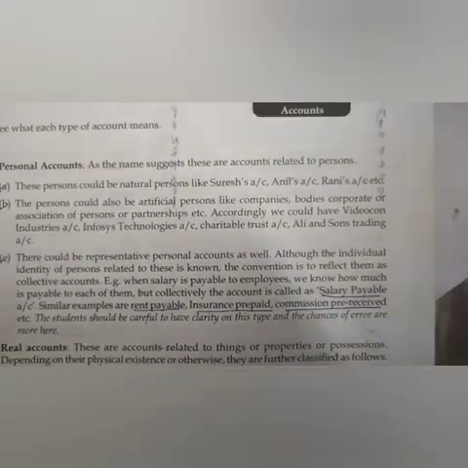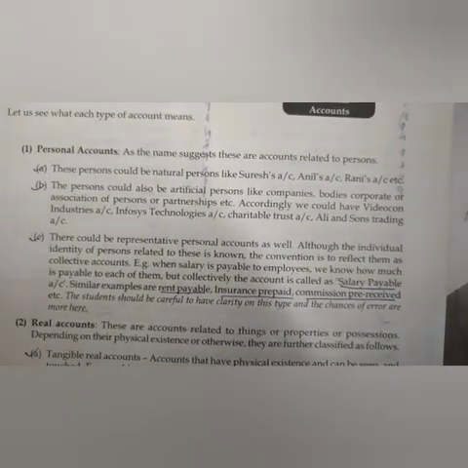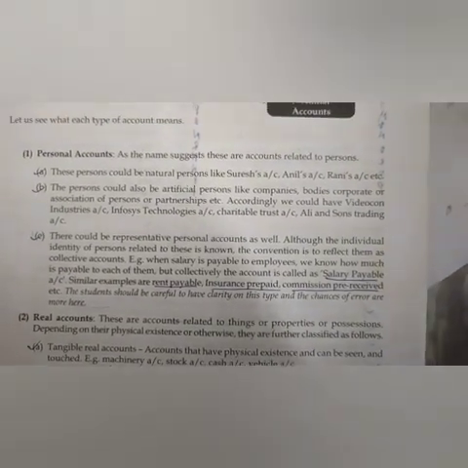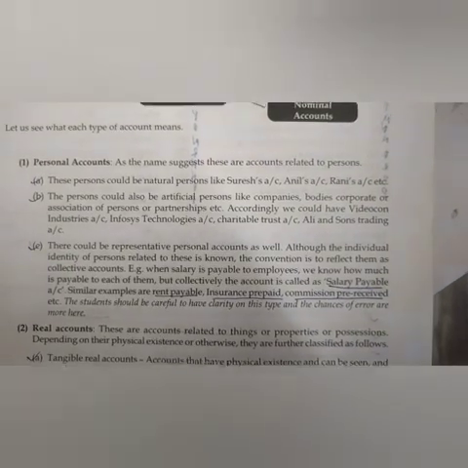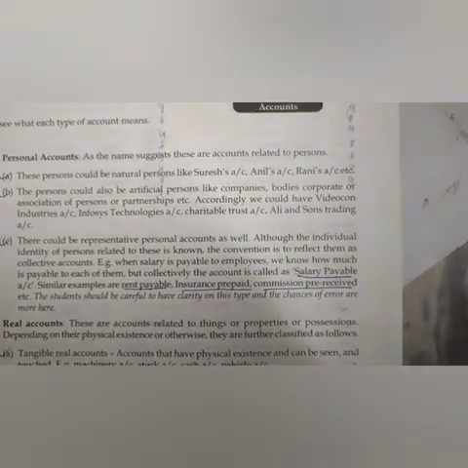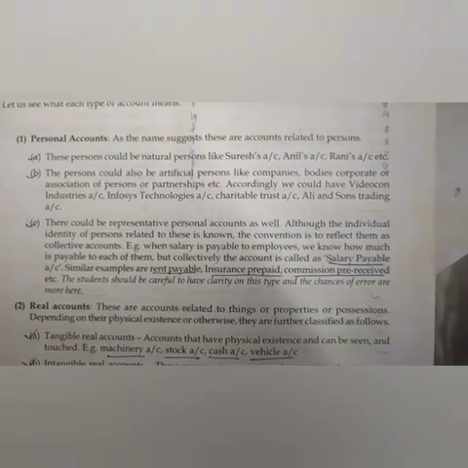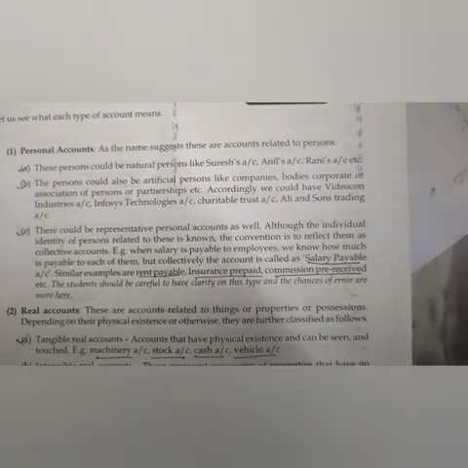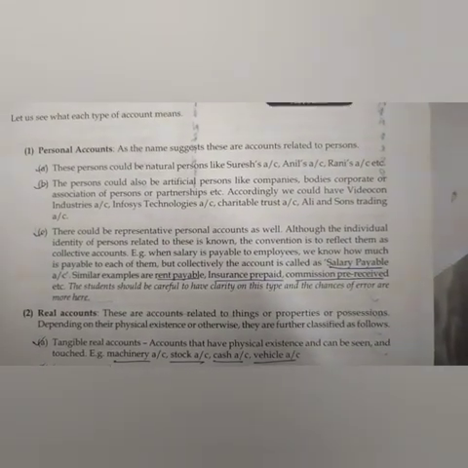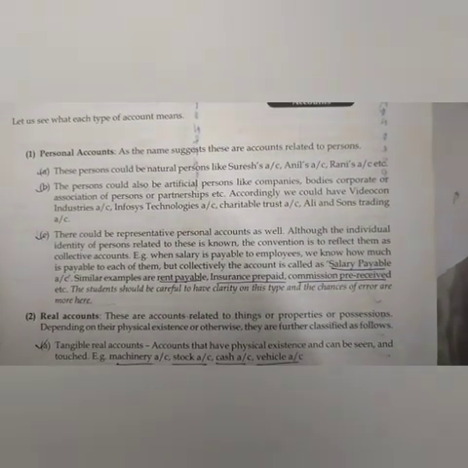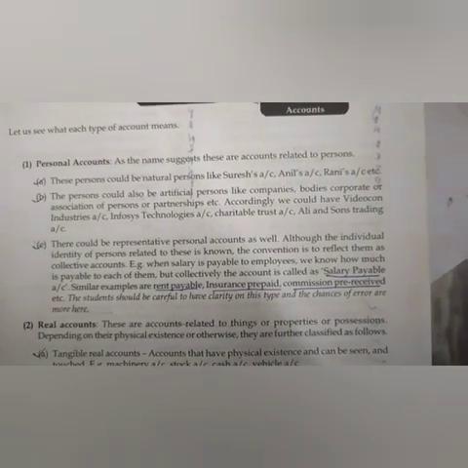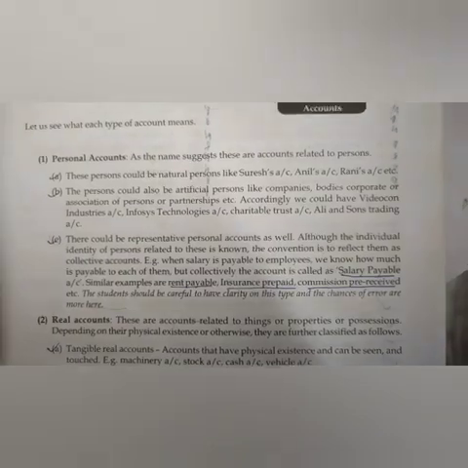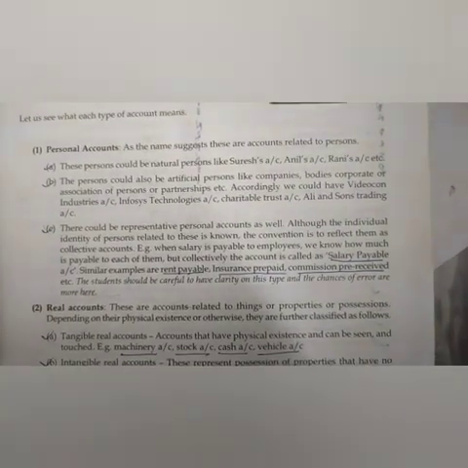Although the individual identity of the persons related to these is known, the convention is to reflect them as collective accounts. For example, when salary is payable to employees, we know how much is payable to each of them, but collectively the account is called salary payable account. Similarly, examples are rent payable, insurance prepaid, and commission pre-received, etc.